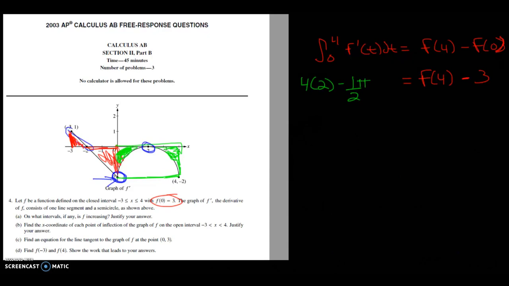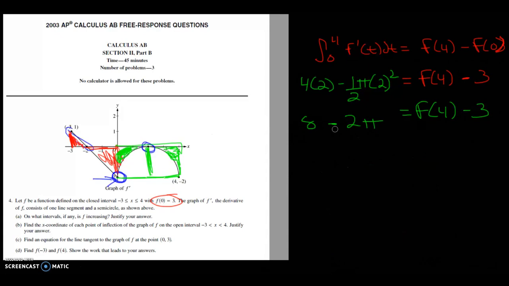Pi, the radius is 2, which is going to equal the same thing, f of 4 minus 3. So now we're going to have 8 minus, half of 4 is 2, 2 pi.